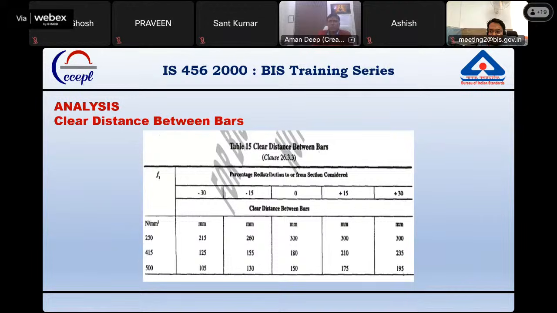So this code gives us the percentage redistribution to or from the section considered. If we consider 0, it means that with spacing of 300 mm for normal 250 grade steel, which we are generally not using, or for 500 grade steel with 150 mm spacing, we need not worry. Then it is a normal section to be considered.